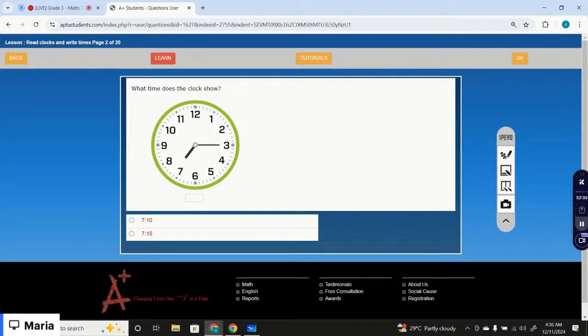So that means that is 7:15. That is 7:15. Option number 2 is the correct option.